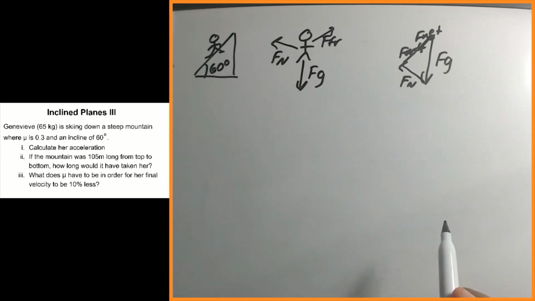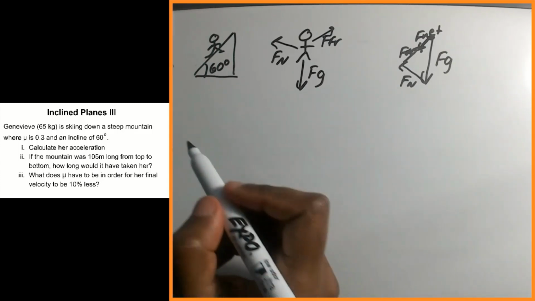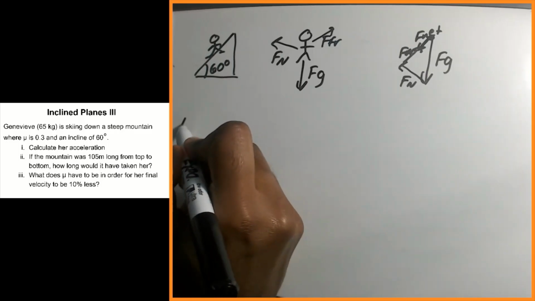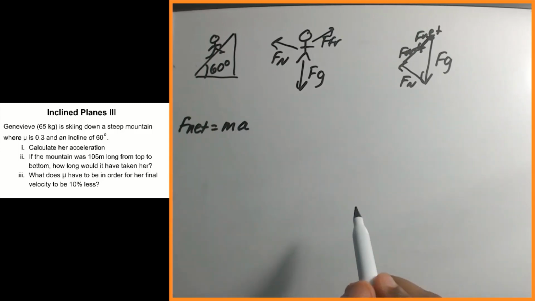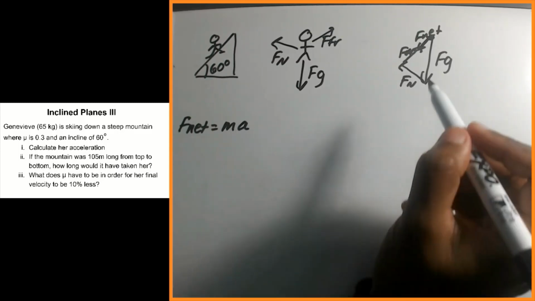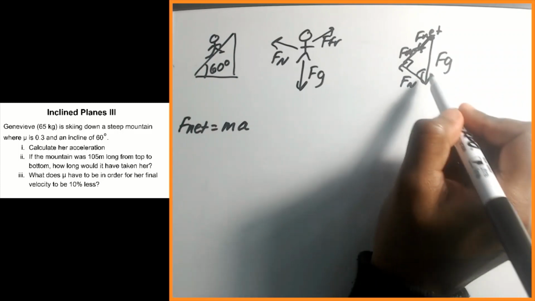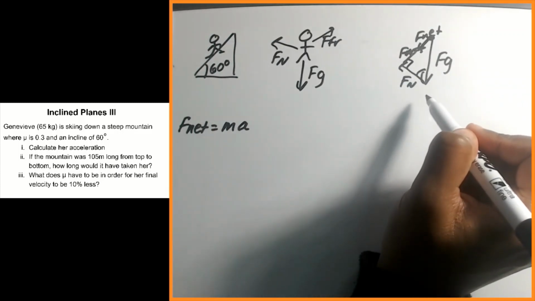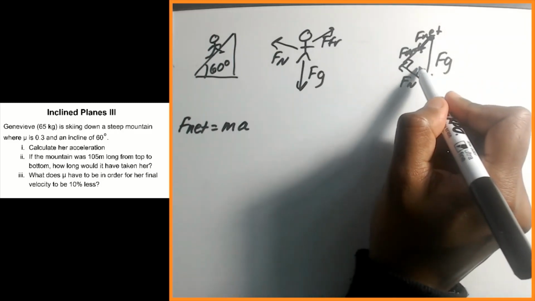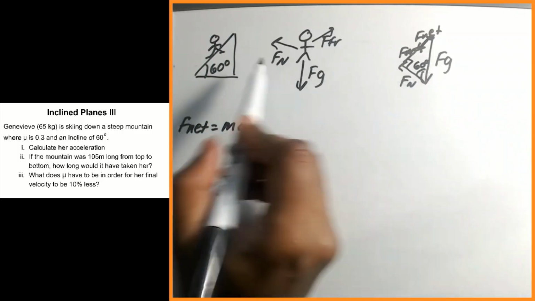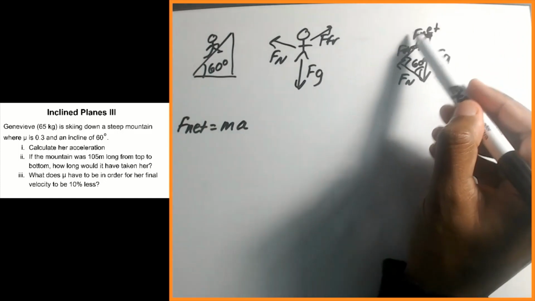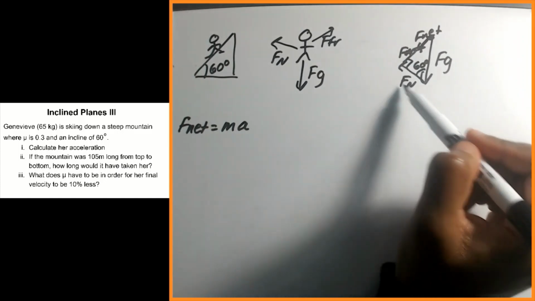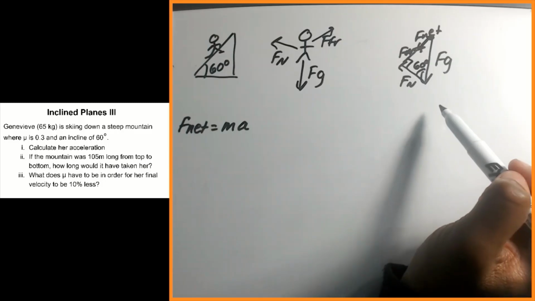The first one says to calculate her acceleration. So recall that we can get acceleration from force diagrams by solving for F net, because F net is equal to ma. And recall from before that this is a right angle triangle, so we can use all of the trig properties associated with right angle triangles. According to this angle over here, which is 60, because this angle corresponds to the angle right here on the diagram, this side over here is opposite to it, Fn is adjacent and Fg is the hypotenuse.